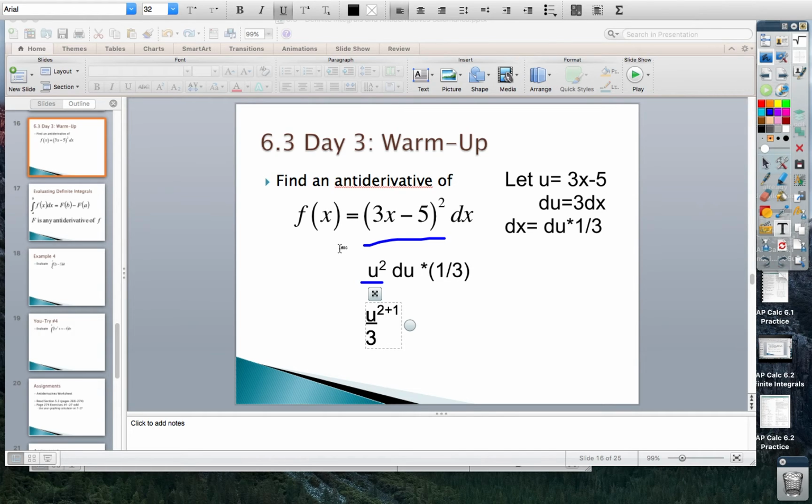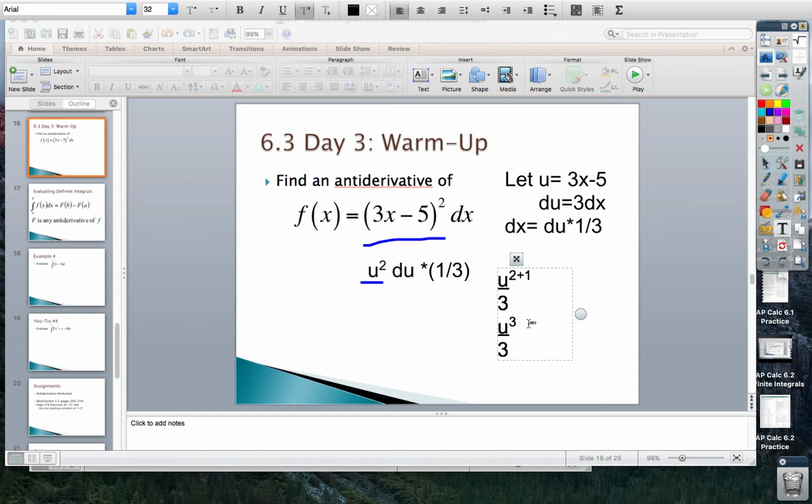And we're going to be left with u to the third power divided by 3. And you'll notice we had this 1/3 hanging out right here. So we have to continue that and put that here.